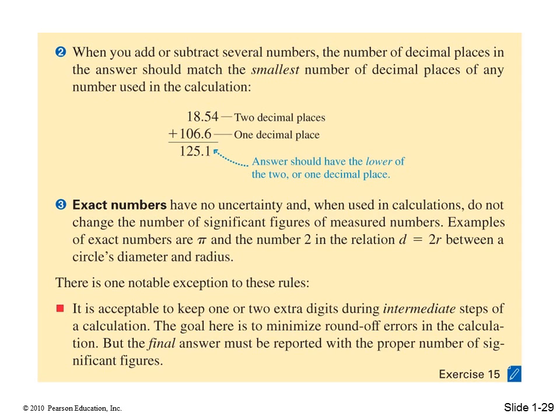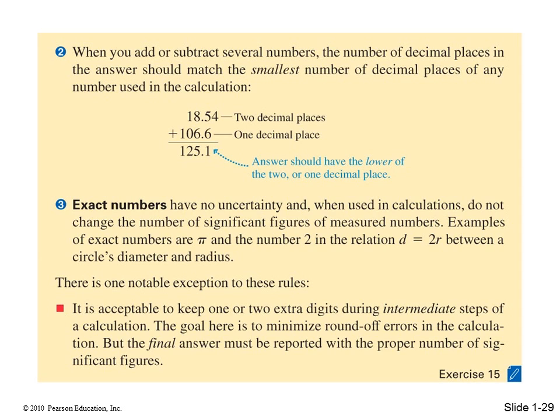And so you line up the decimal places, and you can only go to the tenths place for this. Exact numbers, where it says number 3, exact numbers have no uncertainty, and this is when we're talking about pi or the number 2, so we don't have to worry about significant figures with those. Those are exact numbers.